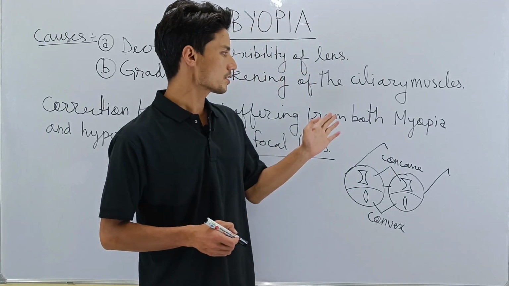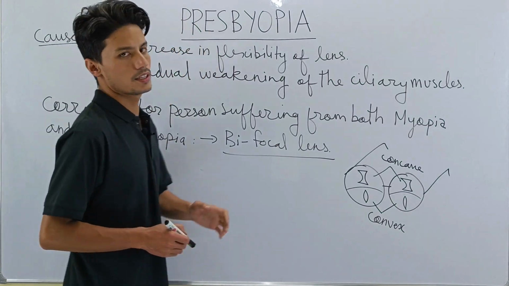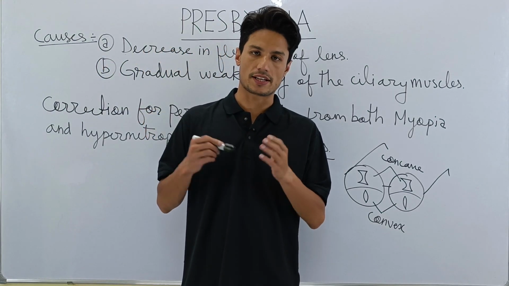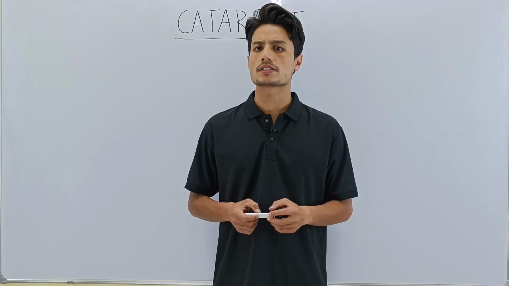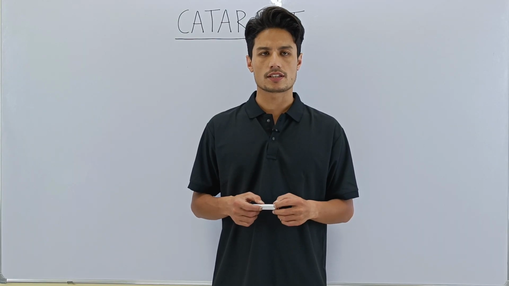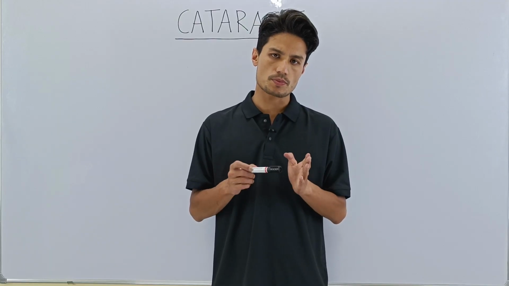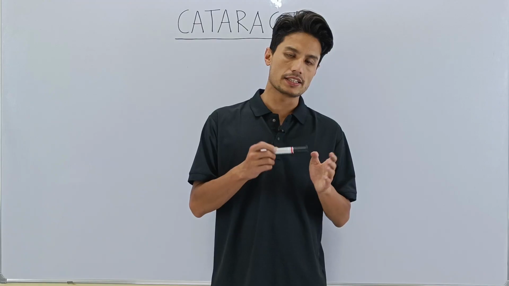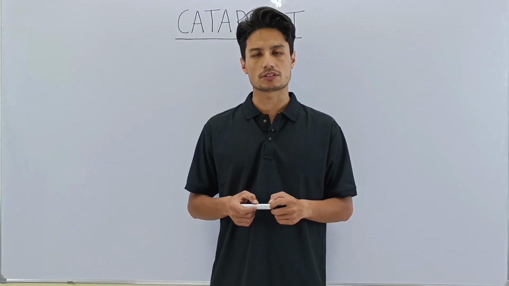So this is everything about presbyopia. Now we'll discuss cataract. So what is this cataract? Cataract is a condition of the eye in which the transparent crystalline lens becomes milky or cloudy.